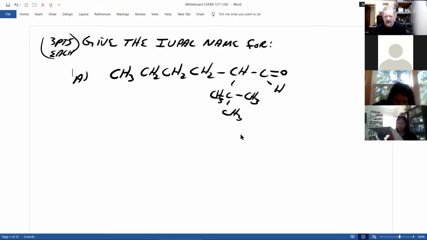Let's do this. What's different? Now you should look at a molecule and look for what's not carbon, carbon single bond, or carbon or hydrogen atoms. We have an oxygen double bonded to carbon with a hydrogen, so this is an aldehyde.